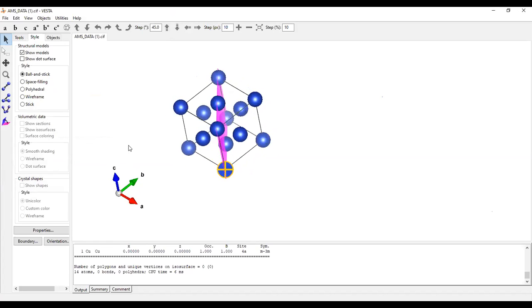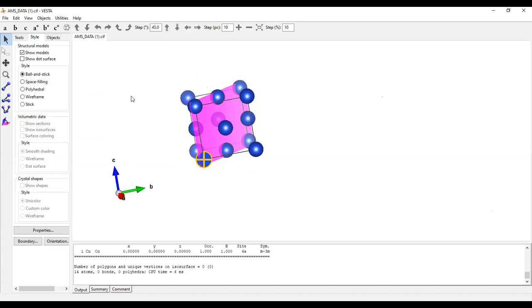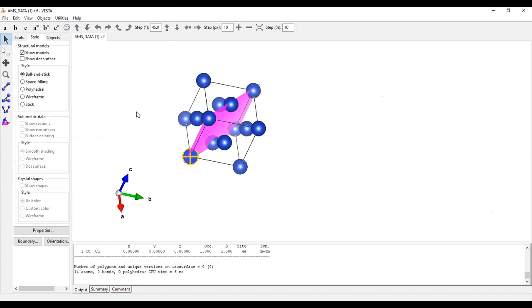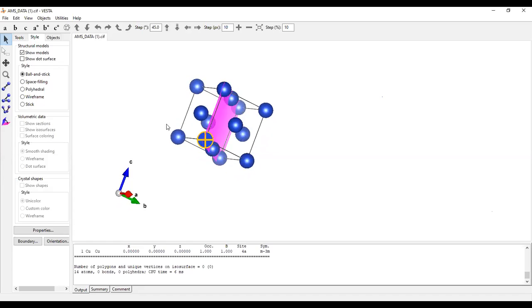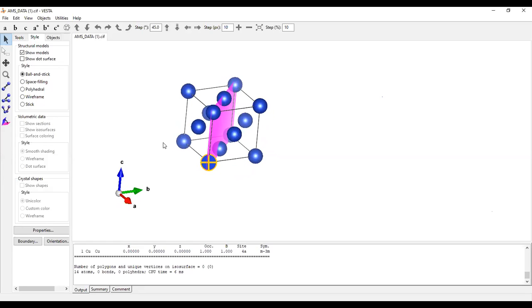So this is your 110 plane, right? It's intercepting x at 1, y at 1, and it's parallel to z. So this is your 110 plane. Clear?